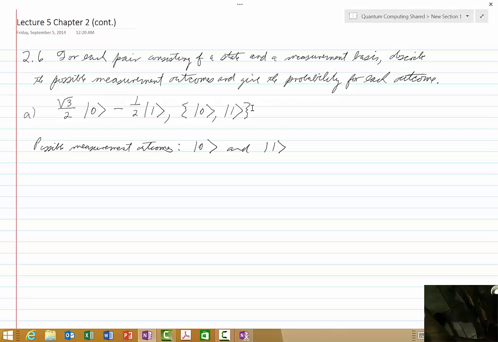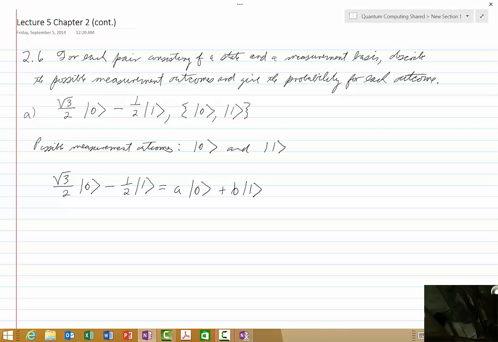And now we want to calculate the probability of each of those. Well, in order to do that, we need to take the state that is given, square root of 3 over 2 times 0 minus 1/2 times 1, and we need to express it as A times the first vector in the measurement basis plus B times the second vector in the measurement basis.